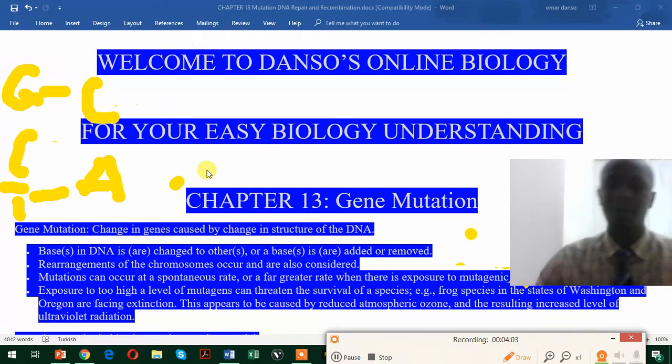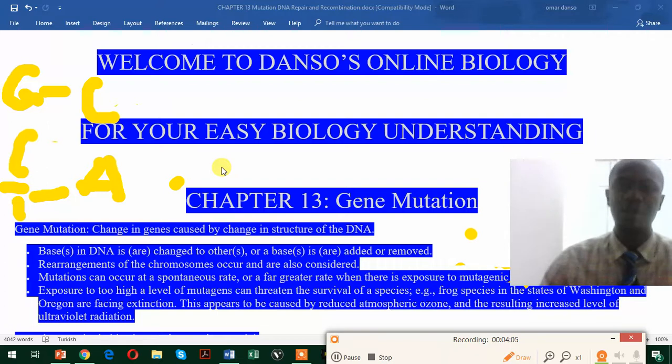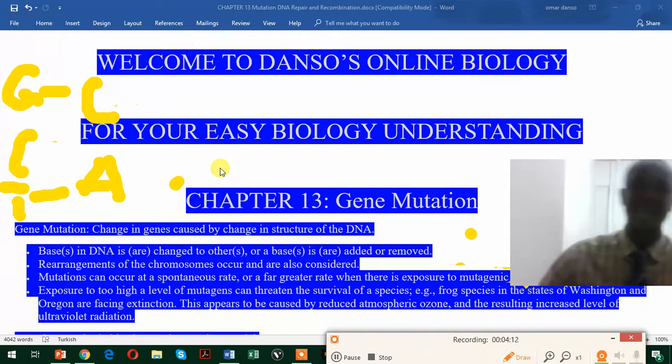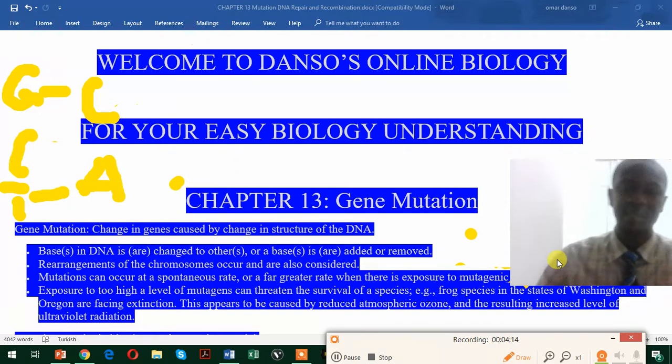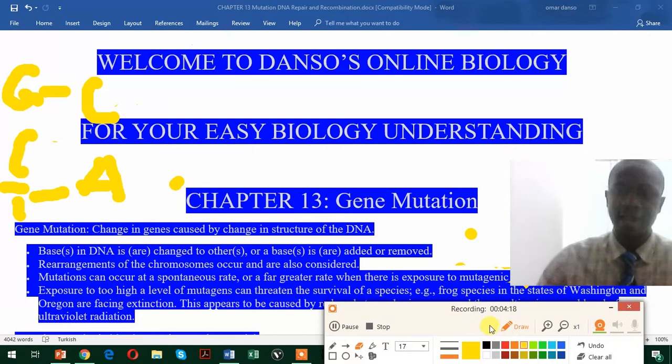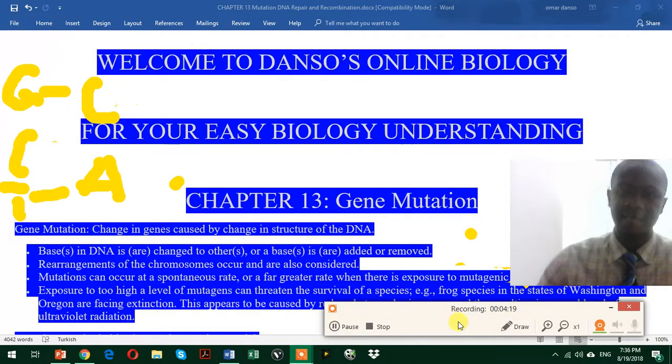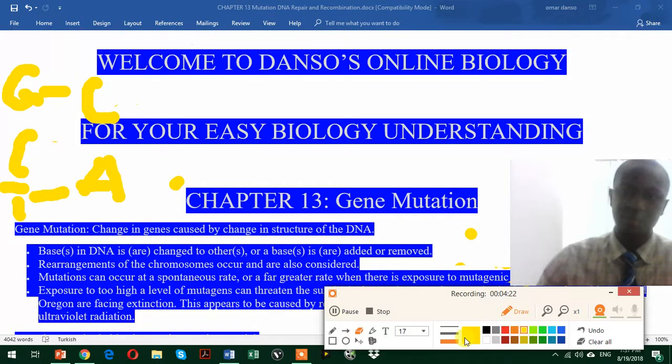The ozone layer was destroyed, and in other words, the sunlight was coming in a very intensive way, direct contact with these frogs, and led to these frogs going extinct. Probably they cannot handle that extinction rate. So that's one of the reasons why mutation is dangerous.